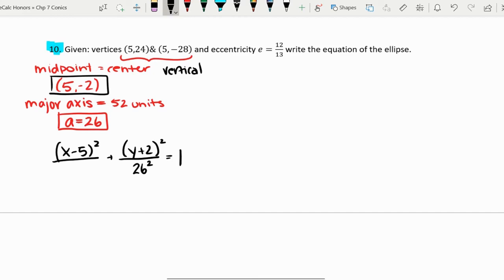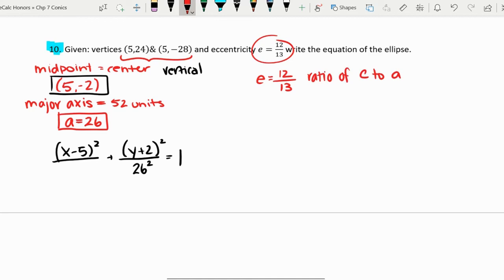All right, now we don't have anything about the minor axis or the b value or the foci, but we do have our eccentricity. And they told us it's 12 over 13. Now we have to be really careful here. This is the ratio of c to a. It doesn't mean that 12 is c and 13 is a.